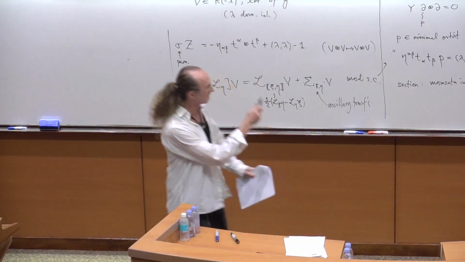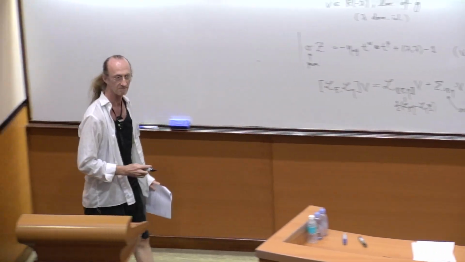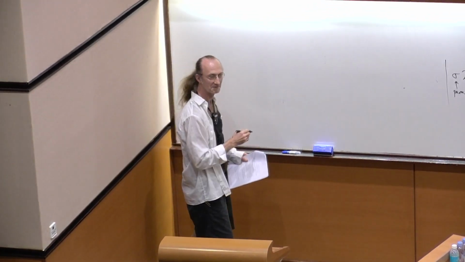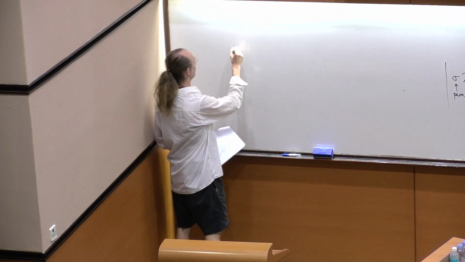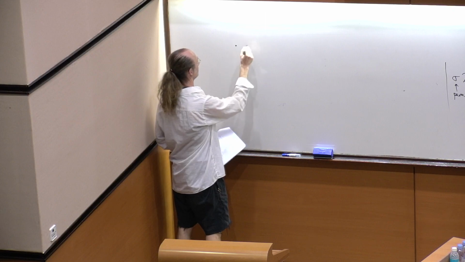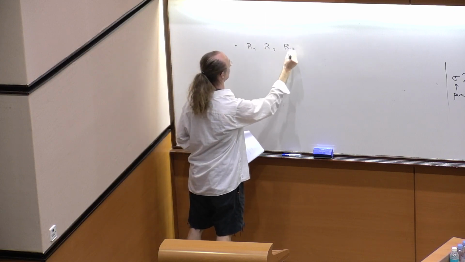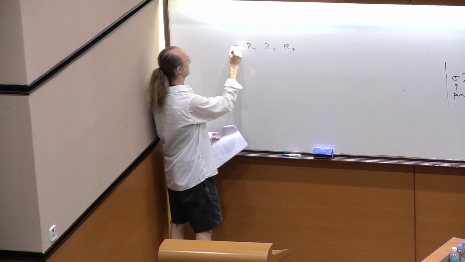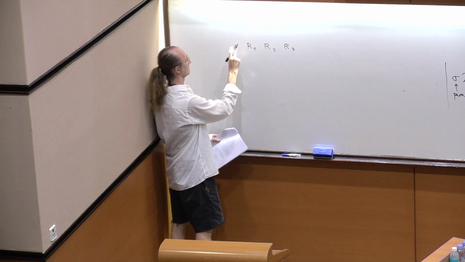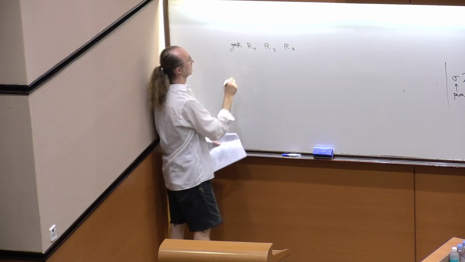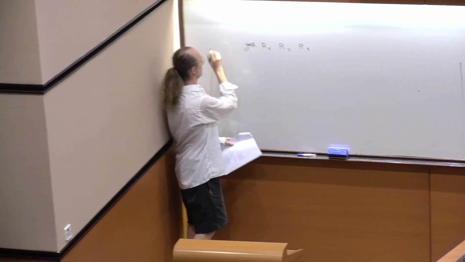However, this was a simplification, because I immediately run into a problem. Let me do this picture again. R1, R2, R3, and so on. And here is level 0. Here I actually would have in that algebra G plus R and negative levels.